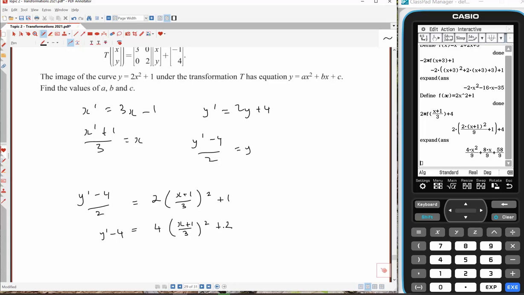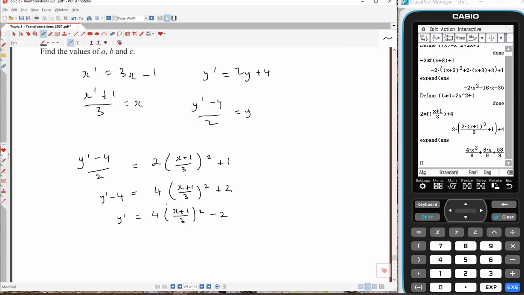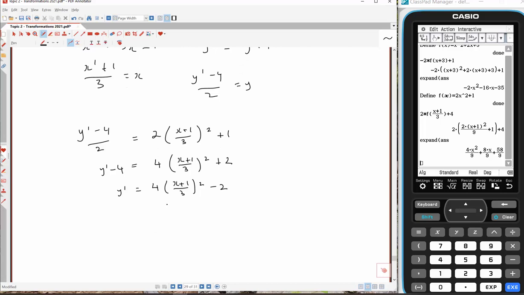I'm going to add 4 to both sides, so that's going to be y dash equals 4x plus 1 over 3 squared, take 2. Okay, add 4 to both sides, you clown. Okay, 6.